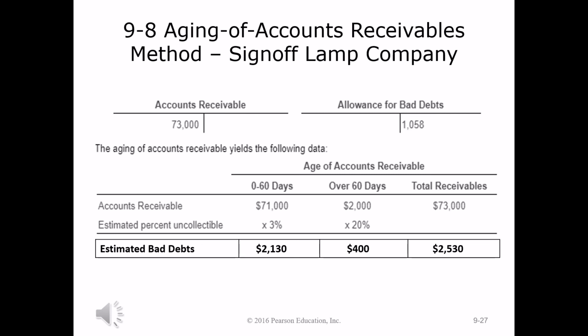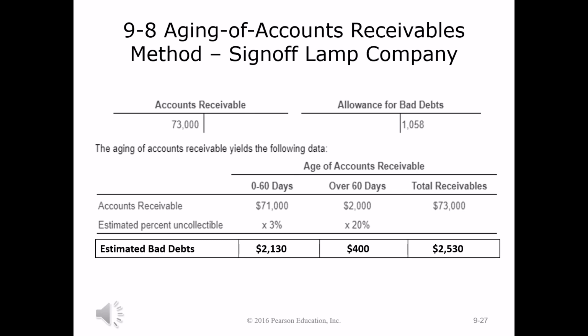Many companies will do more categories than just the two here, but this gives us an idea of what an aged accounts receivable looks like. So of the $73,000 that are in our receivables, we expect to not collect $2,530 in total.